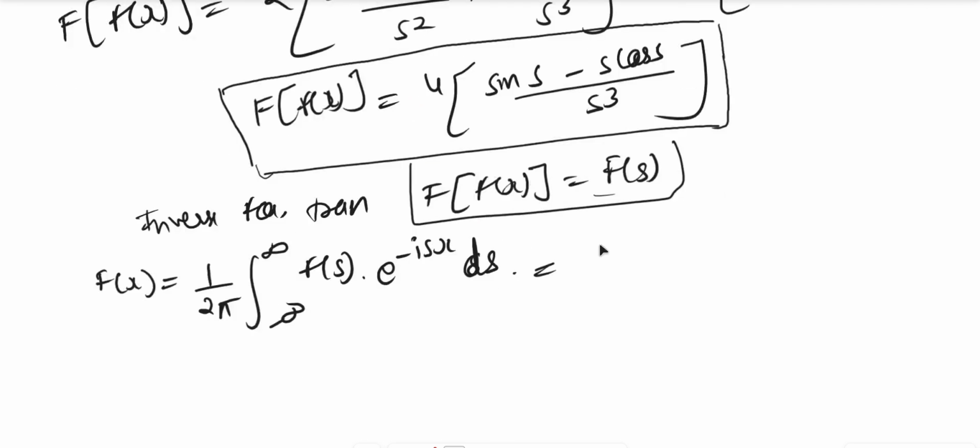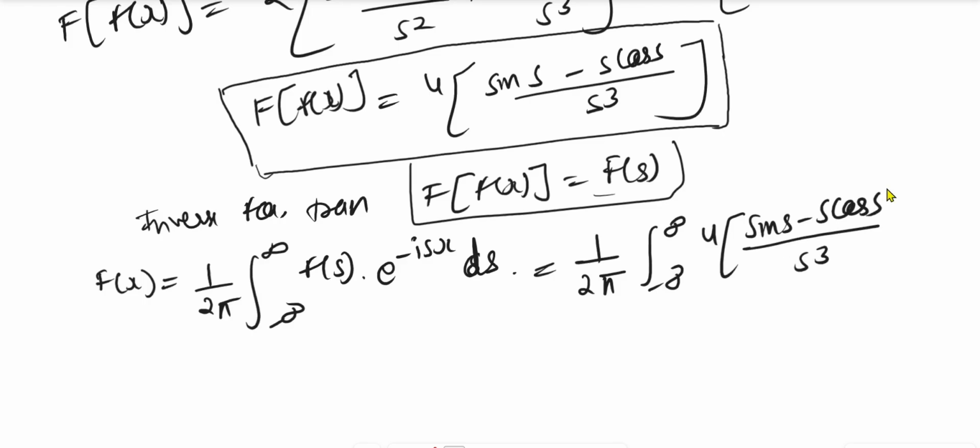Now put the value of the function: it is 1 upon 2 pi integration minus infinity to infinity F(s), which is 4 (sin s minus s cos s) divided by s cube, e raised to the power minus iota sx ds.